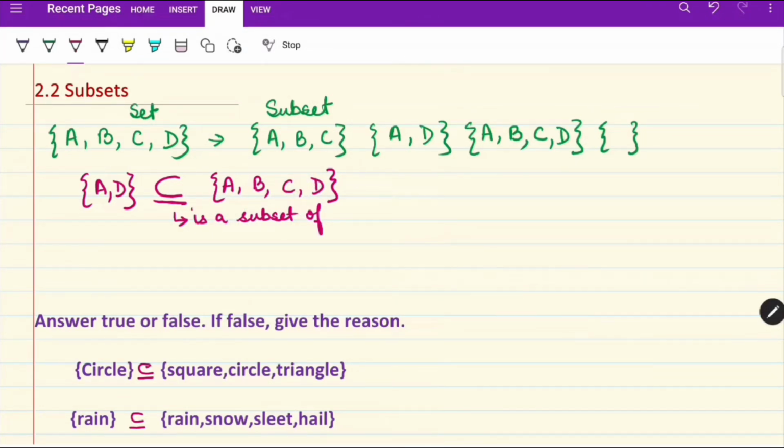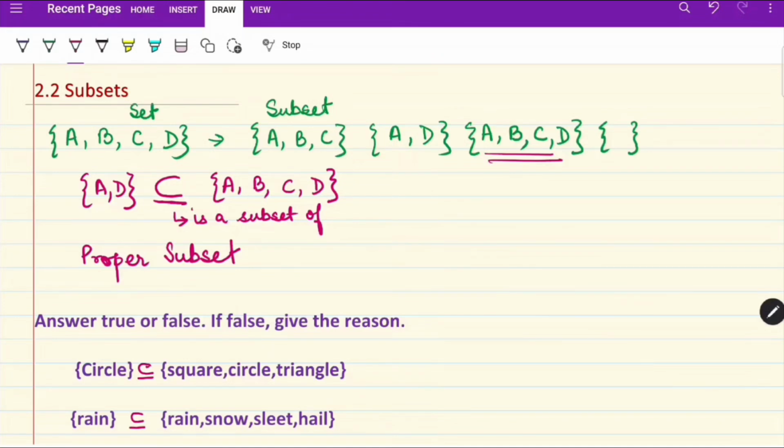Another terminology that we should be familiar with is a proper subset. Now, proper subset will contain all the subsets of a set except the set itself. Remember, I said that the set itself is a subset of its own. So in a proper subset, however, we will have to exclude the set itself.